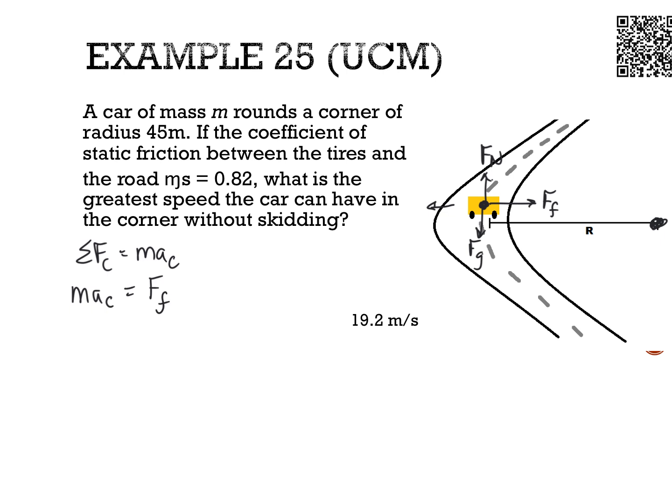Okay, so what we know is m a sub c is equal to mv squared over r, because we're looking for the greatest speed, the velocity without skidding. We want them to be equal, because without skidding means they are the same, equal to mu times the normal force, which in this case is mg. All right, m goes away, don't care about the mass.